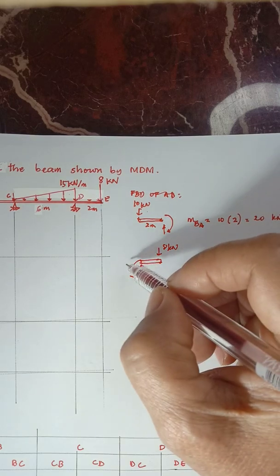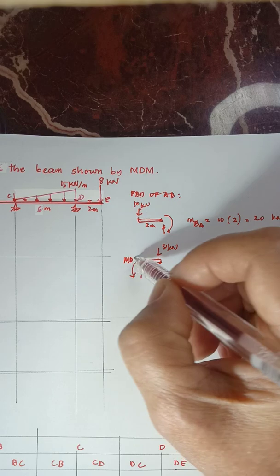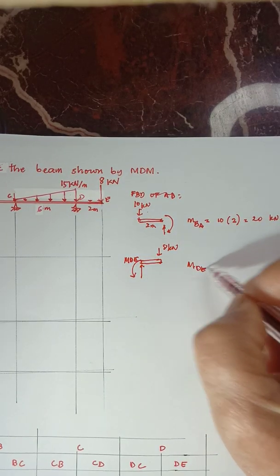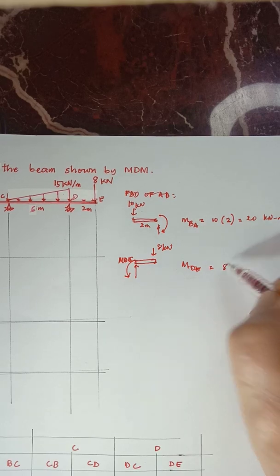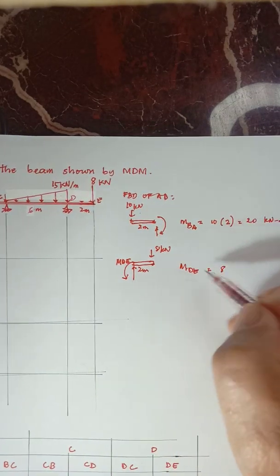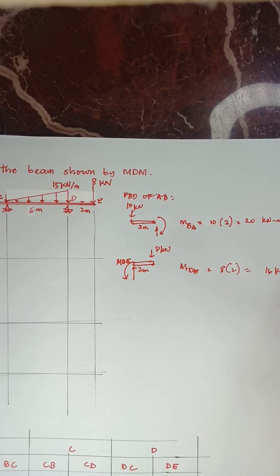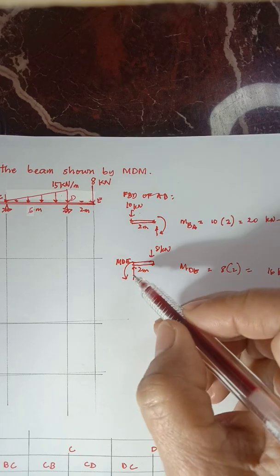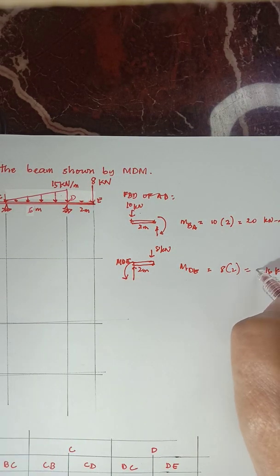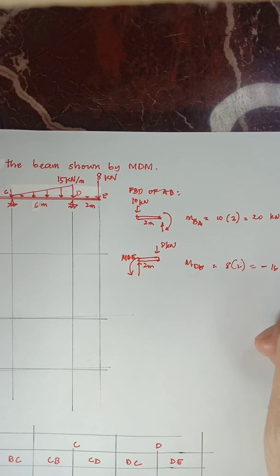So this is the MDE. MDE is equal to 8 times 2 meters, 8 times 2 equals 16 kilonewton meter. But since the direction of MDE is counterclockwise, you have to put negative 16 kilonewton meter.